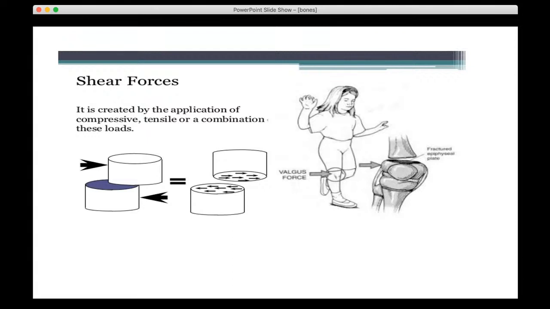The example shown is a fractured epiphyseal plate. It could be due to a push-off or a ball, anything which can strike with great force. These kinds of fractures are very common in games.